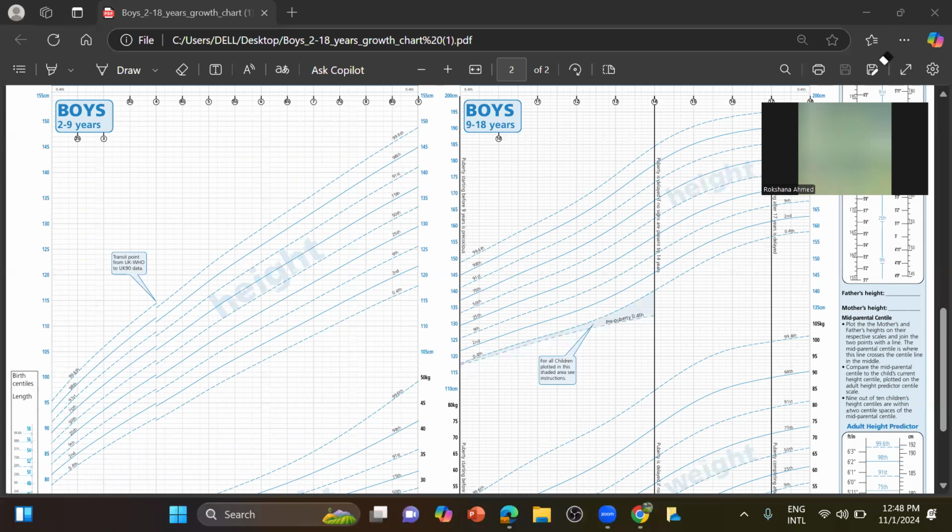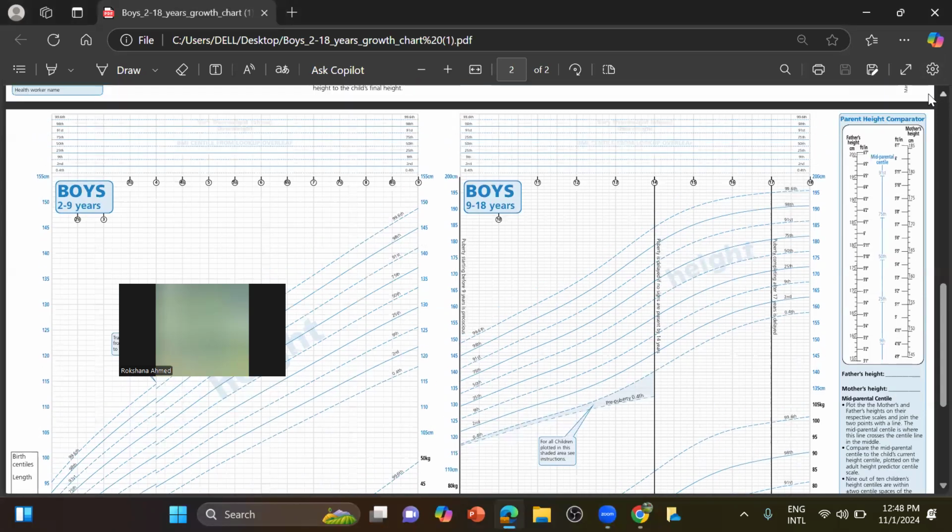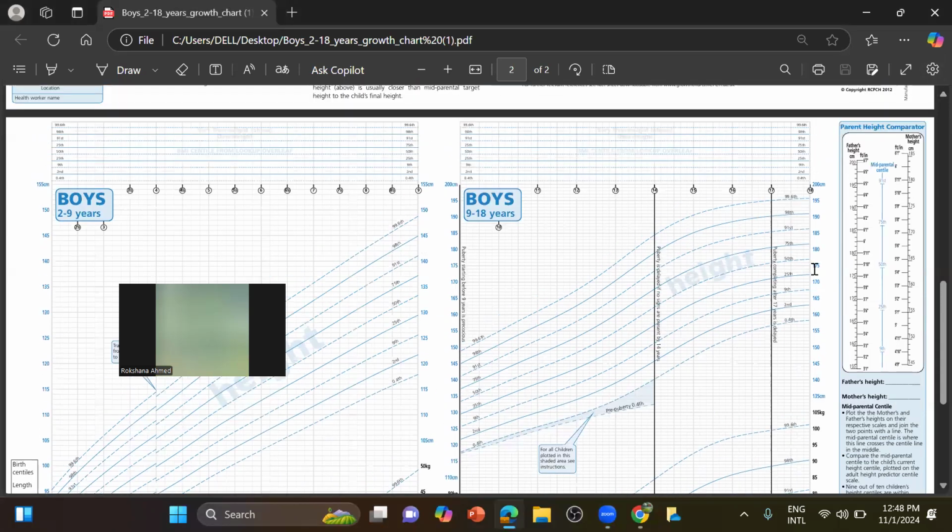Mid-parental height, we have it in the new growth chart from RCPCH. There is a mid-parental height comparator.